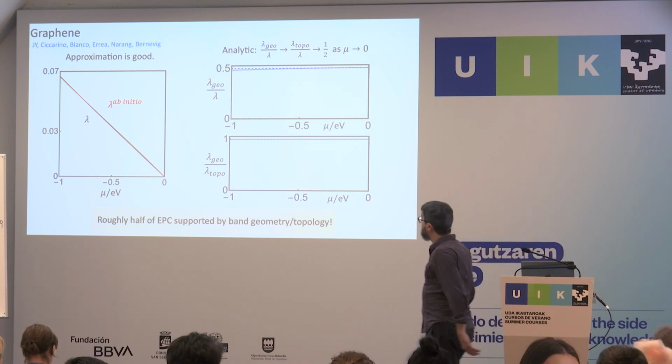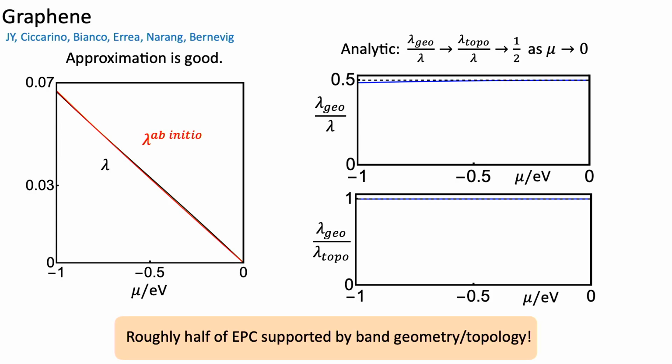Okay, next thing, values. We did some ab initio here also, which is the way you benchmark this. For graphene, this approximation is incredibly good. I told you it's exact. The only non-exactness comes from the fact that you have hoppings beyond the two-center approximation, but they're very small.